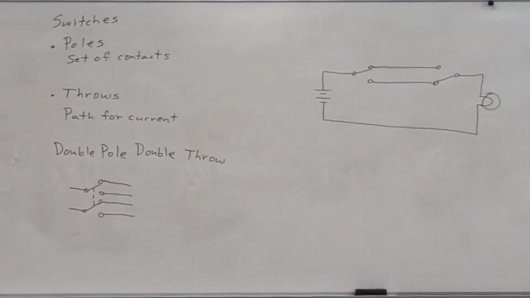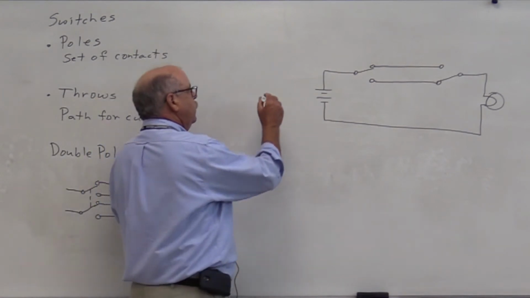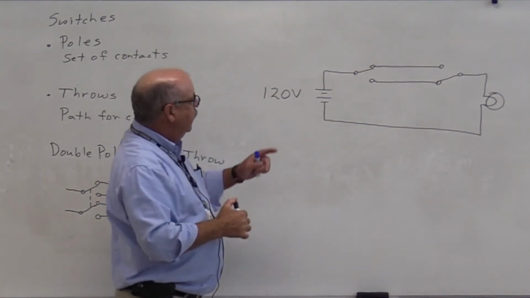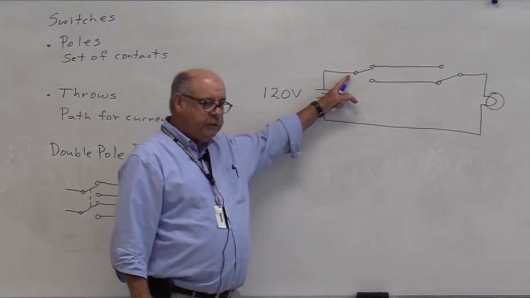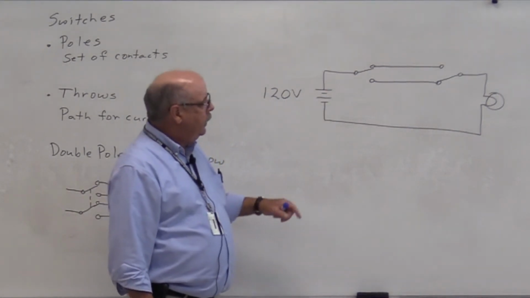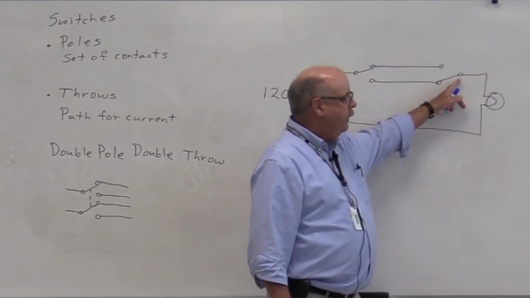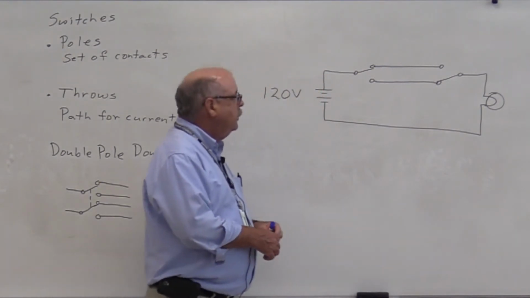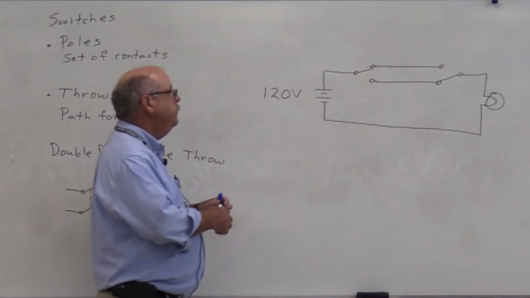And this is how that circuit is wired. From your voltage source, we connect to the common terminal, the fixed contact of a double throw switch, and then the lamp connects to the common point or the fixed terminal of another double throw switch. So as the switches are set right now, the lamp is off.